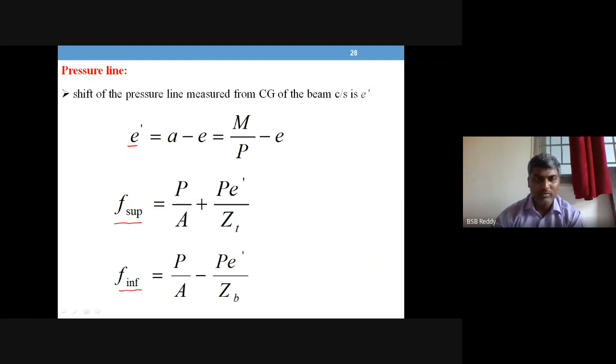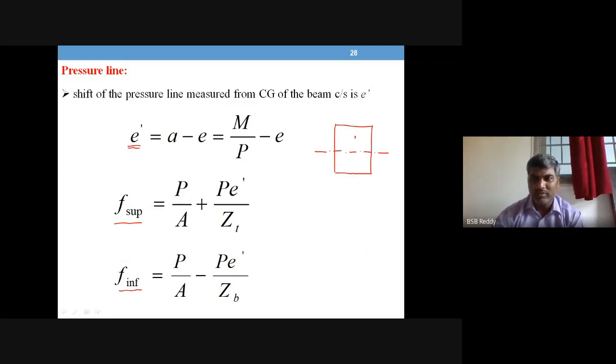Okay, so E dash is defined as the distance between the CG of the cross section of the PSC beam and the CG of the compression.